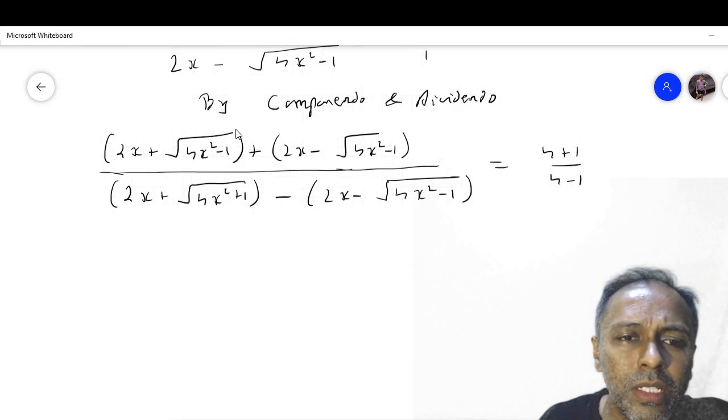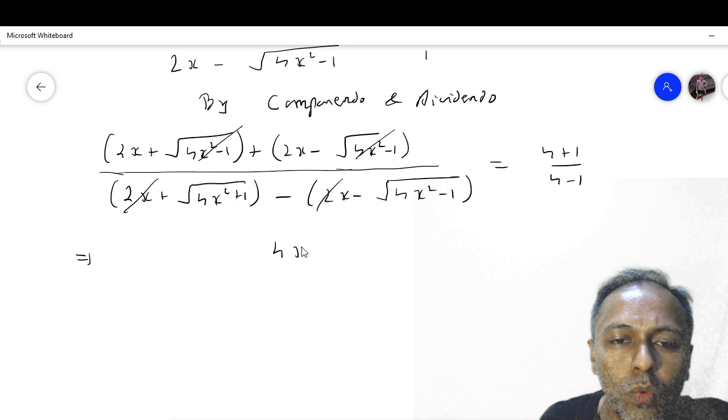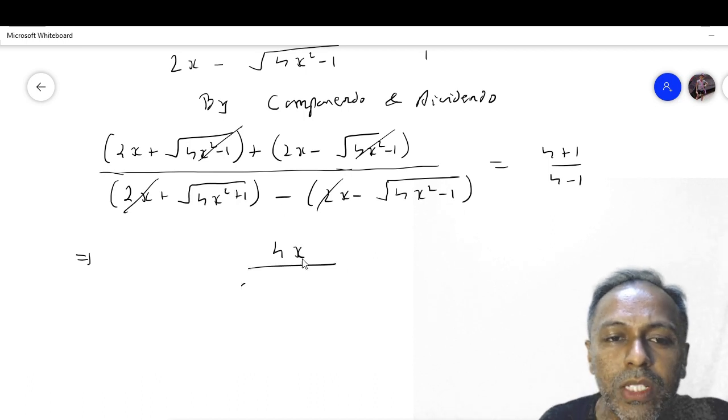This leads to cancellation, which leads you to understanding of 2x plus 2x is 4x upon root 4x square plus 1.